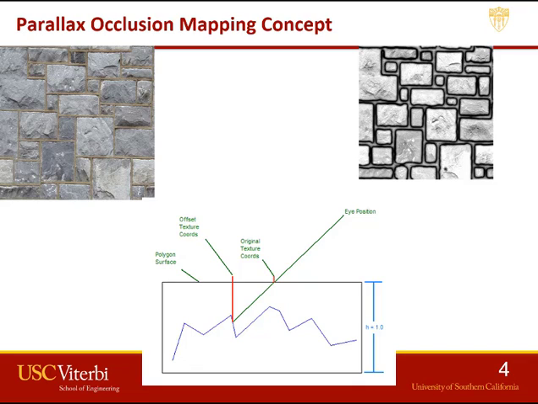So we know that the surface is not flat. So what we'll do is we will look up what is the color of that texture right there. Let me make a little mark. Right here, we're going to go straight down, and right there is the depth at that particular texel.